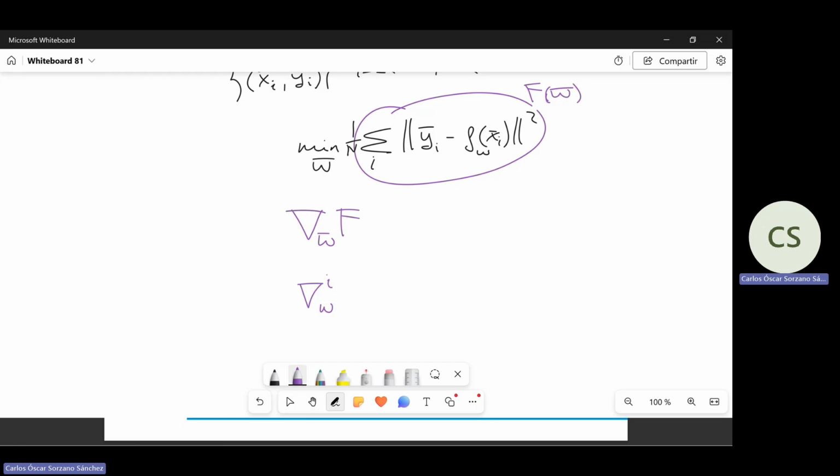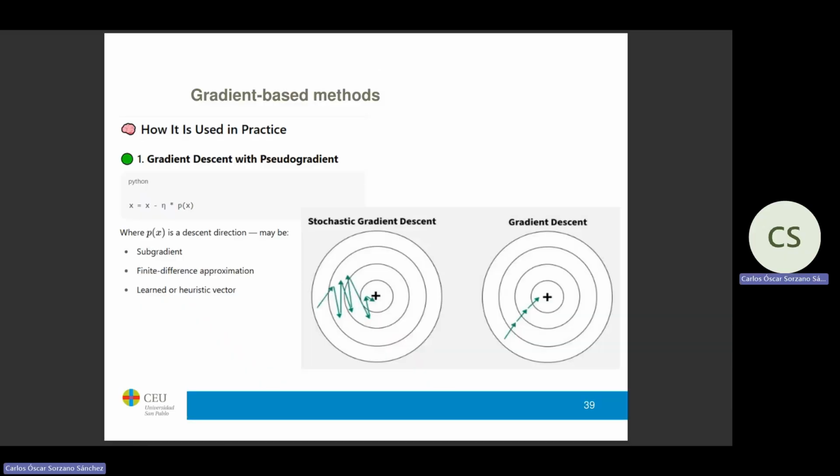Let's call the iteration k. At iteration k, I have chosen 1,000 points and I evaluate the gradient of this function with respect to the 1,000 points, and not with respect to the 10 million. If these 1,000 points are randomly distributed among the 10 million, it will be an approximation of the true gradient. So stochastic gradient descent is one of these pseudo gradient algorithms.